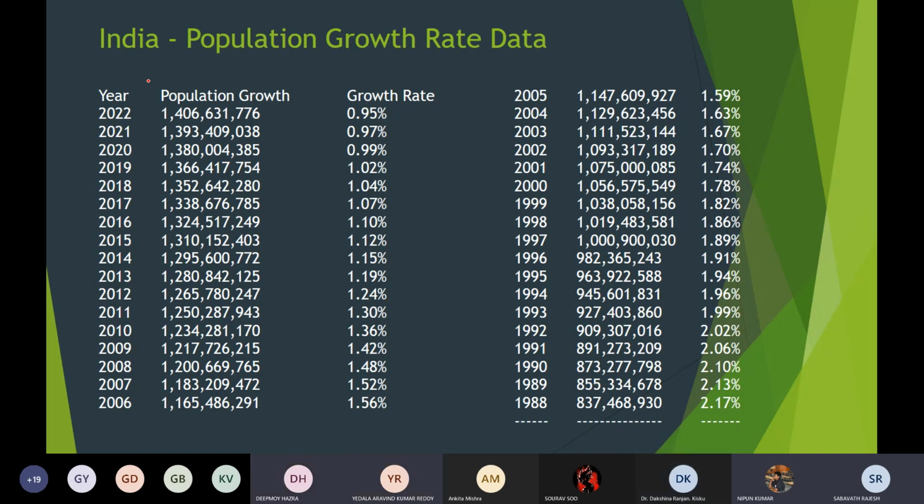Yes sir, y is the population. Sir, m is the population growth. Now we need to determine the m from this population growth information and growth rate information. Sir, model parameters are not available with data.